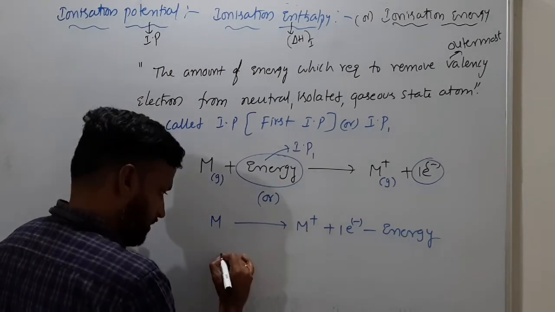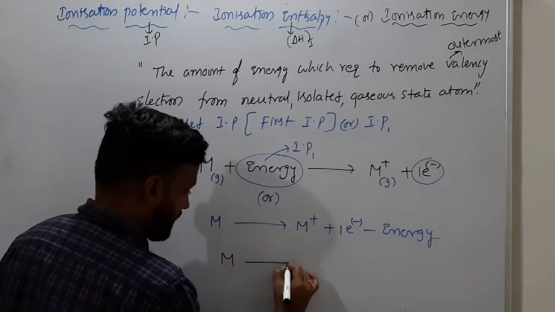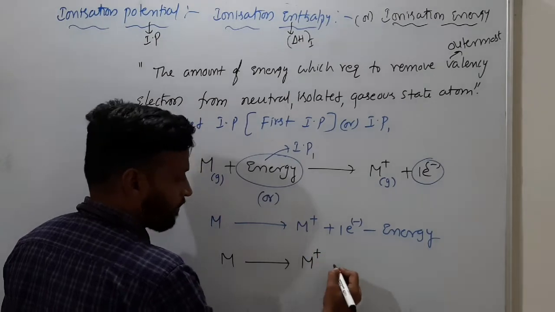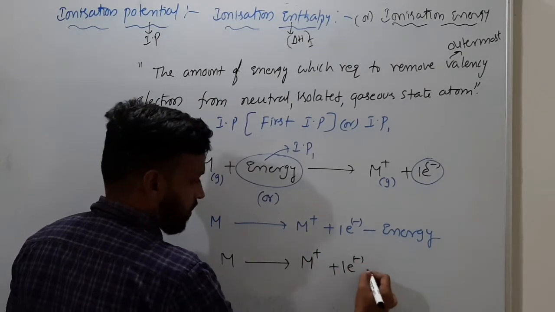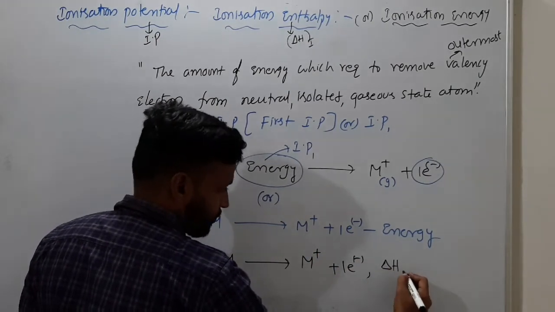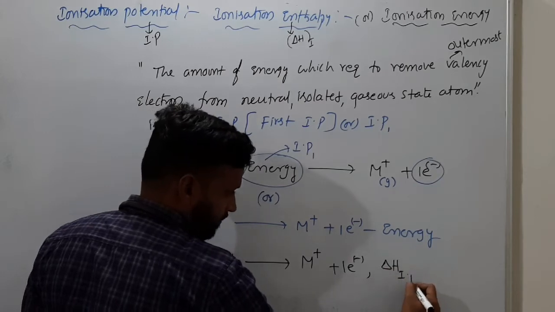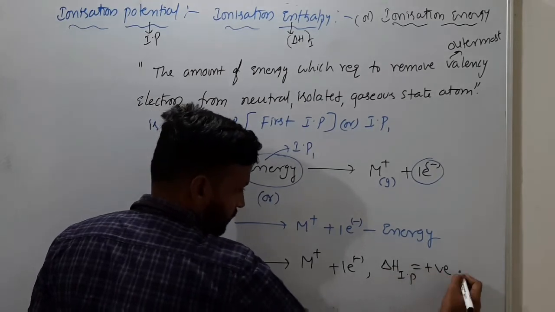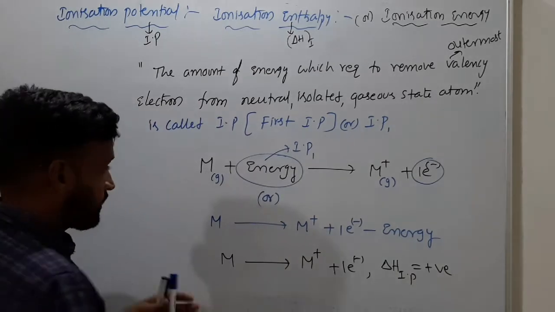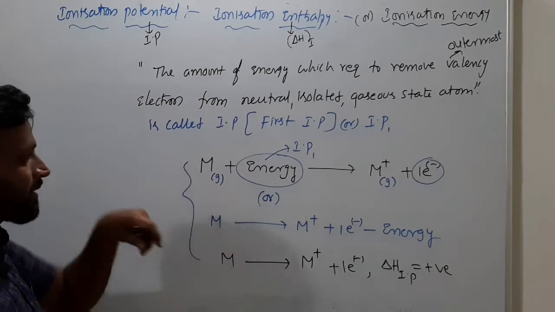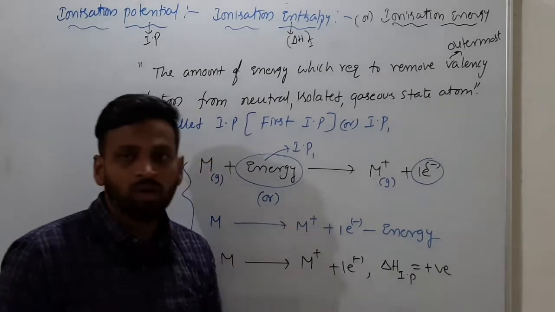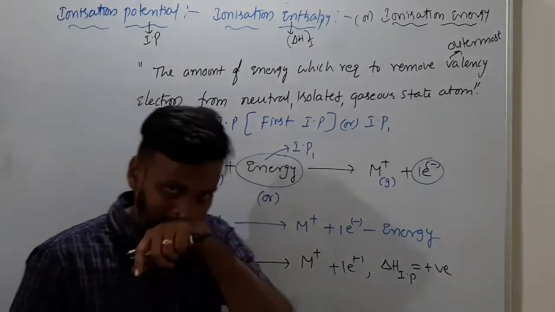One more you can write: M gives rise to M plus plus 1 electron, and delta H IP is some positive value. These three are all representations of removal of an electron, or ionization potential.